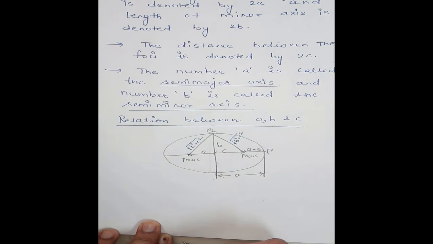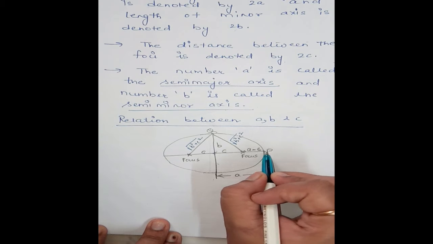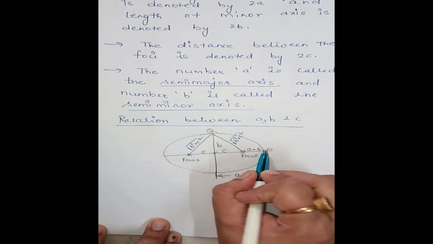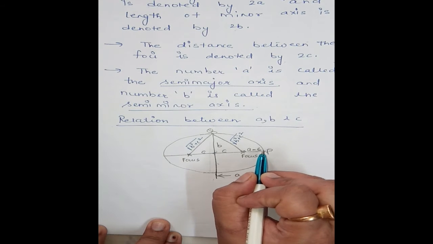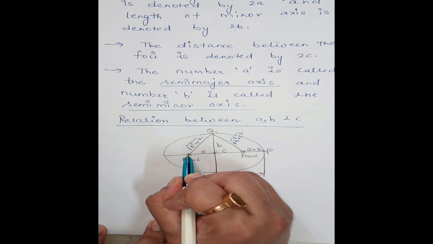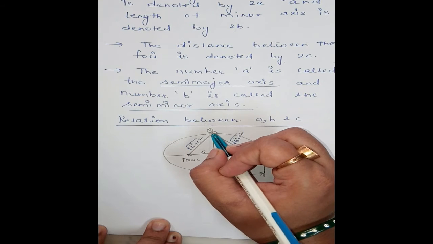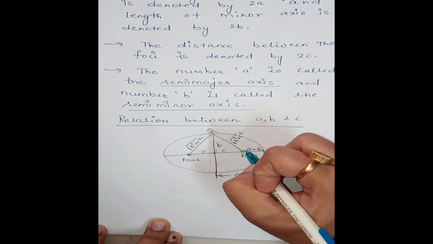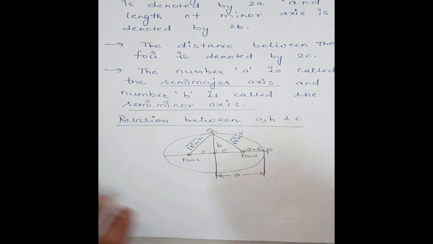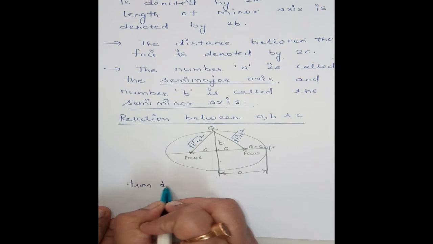Now from the definition of an ellipse, the sum of distances from P to the first and second focus is the same as the sum of distances from Q to the first and second focus.